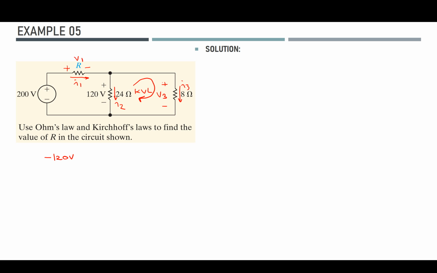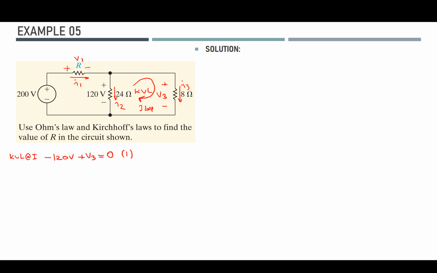And then since I'm rotating in the same direction as the 8 ohm resistor, which is V3, plus V3 equals 0. This is my first equation from KVL at loop 1, the first loop or first mesh.